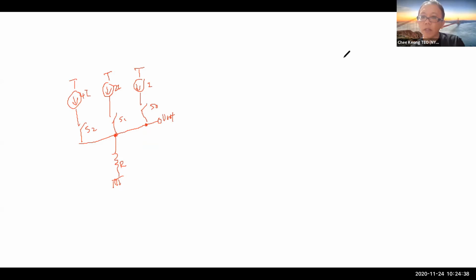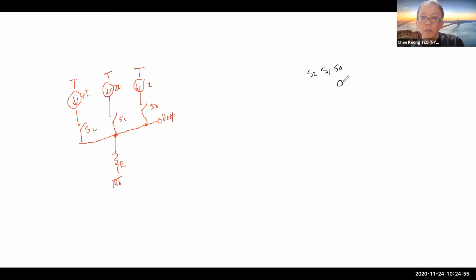Let's recall what a digital bit is all about. Let's say I have S0, S1, S2. This is my digital bit. With 3 bits, there should be 8 levels.